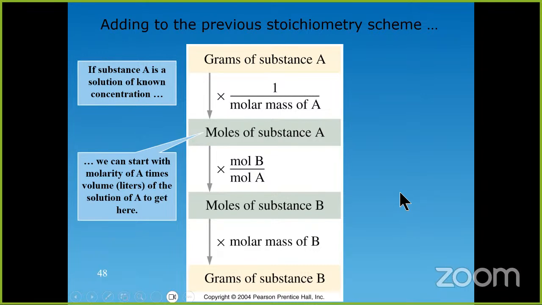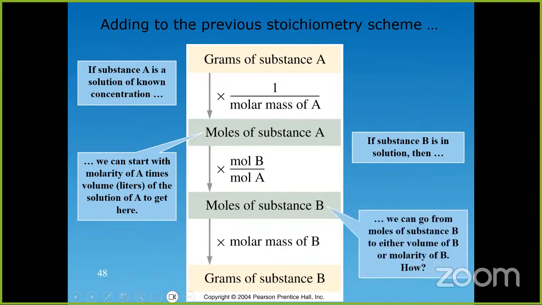I think we're going to see an example where this is done. If B is in a solution, then depending on how the question is worded, you can go from moles of substance B to either molarity or volume, based on whether you're given volume or molarity respectively, all right? So that's an additional thing to consider in addition to what we have been doing before when it comes to reactions in aqueous solutions.